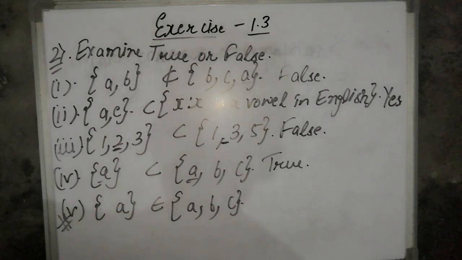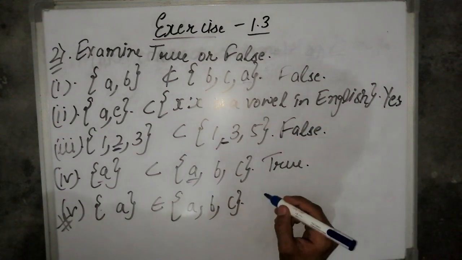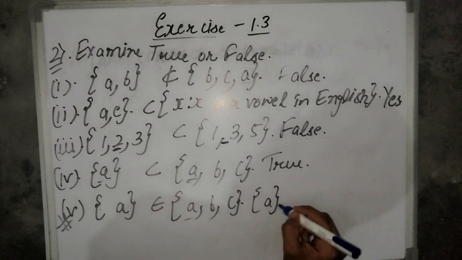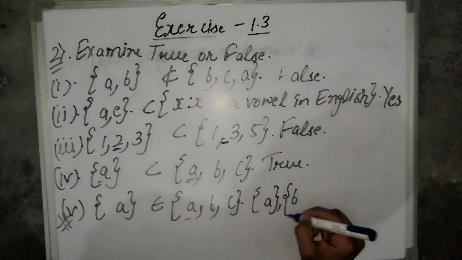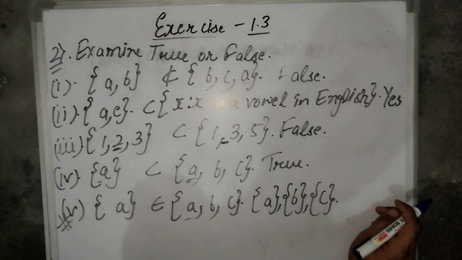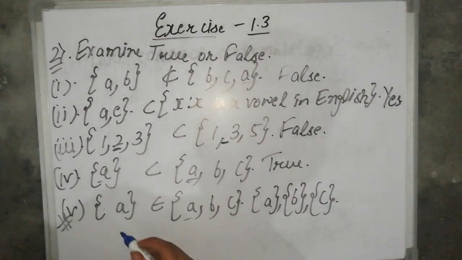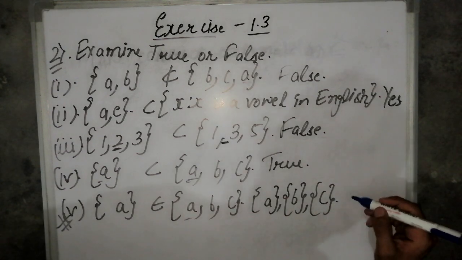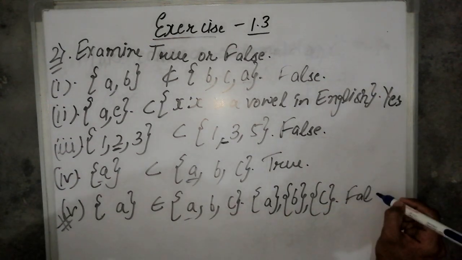Note that {a} doesn't belong to {a, b, c}, but it is a subset of {a, b, c}, because when we write a subset of a set, we write it in curly brackets. That's why it doesn't belong to {a, b, c}, and that's why I'm writing false here.